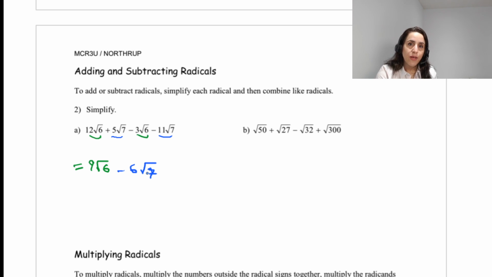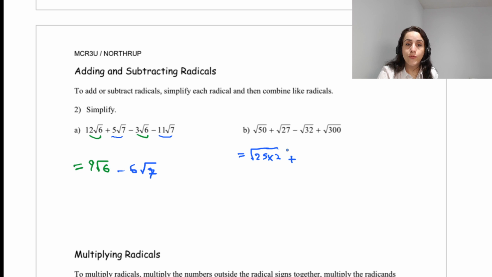Going to example B. Example B is a nice example because first you have to simplify, or you can make the radical into a mixed radical. Radical 50, I can write, as you saw before, 25 times 2.